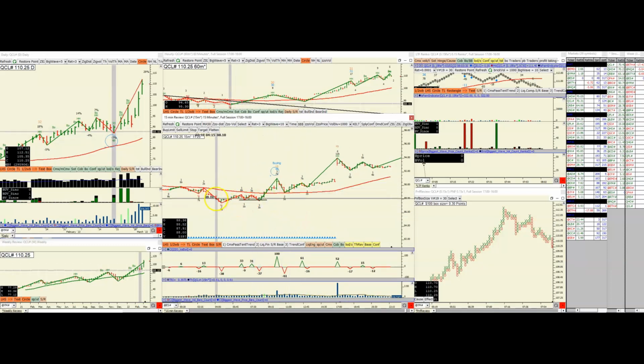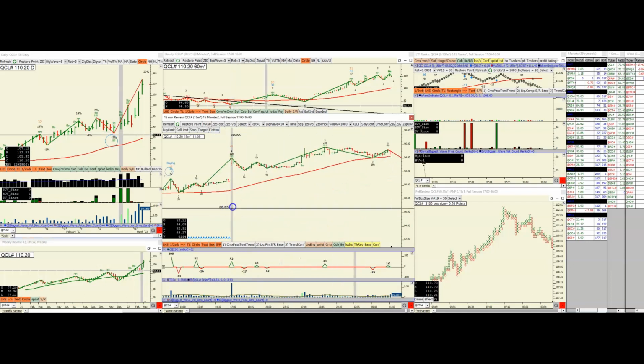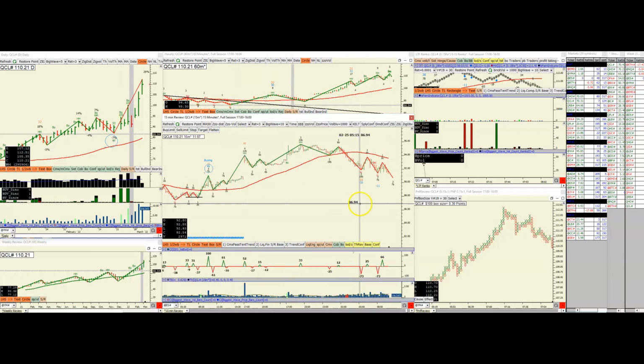See the little green indication at the bottom I have? That indicates a break. And you have a pullback to test, then you have a reversal, and you put the stop below the lows. And it goes.